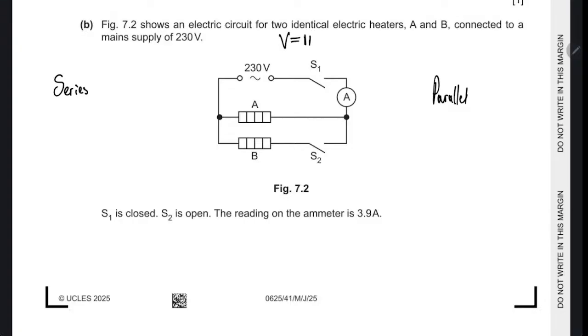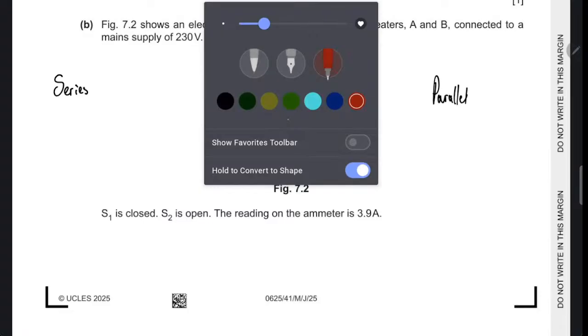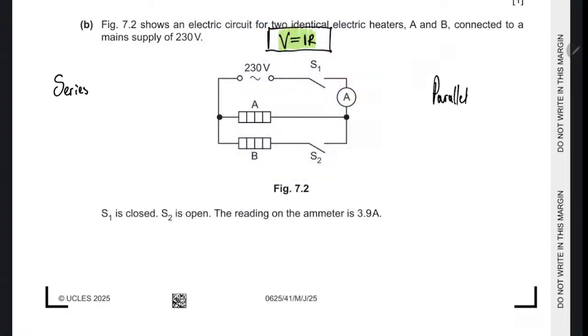So, if you are good at electricity, if you are good at circuits, it means you understand how to use Ohm's law, because you are going to use it so many times. This V is IR, because they will always in a circuit give you two things on this formula, and you have to find the third one using the formula. V is IR.